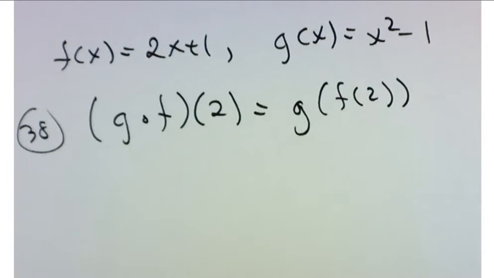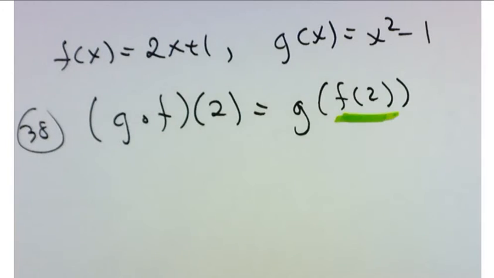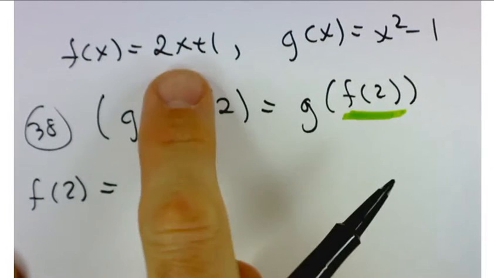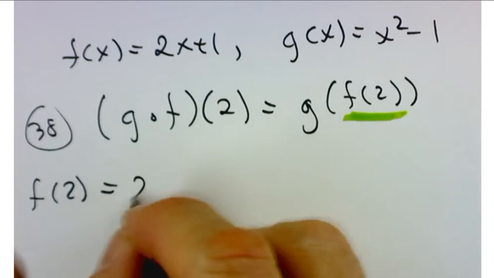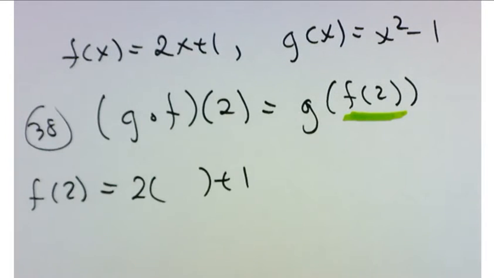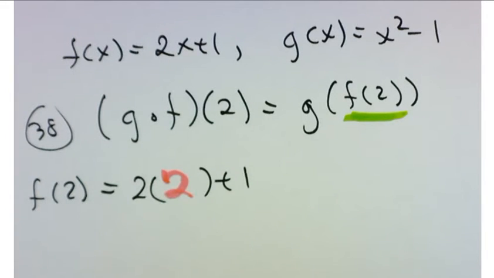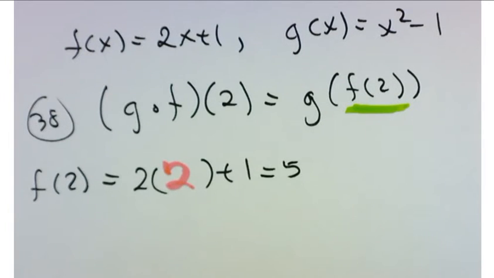So we're going to start with f of 2. Let's figure out what f of 2 is. So let me do that down here. F of 2. Well, let's plug in 2 for x. What's f of 2 going to give me? 5. 2 times 2 plus 1 is 5.